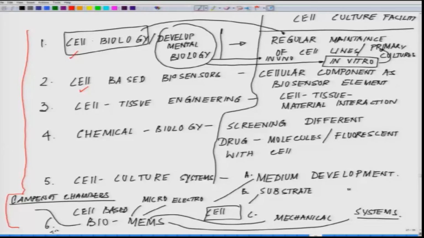So now I add a few more points. Say 1A is this, then: are you working on infectious biology? Are you working on virology? Infectious biology, virology.